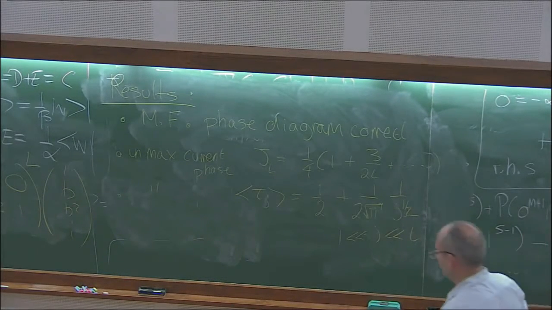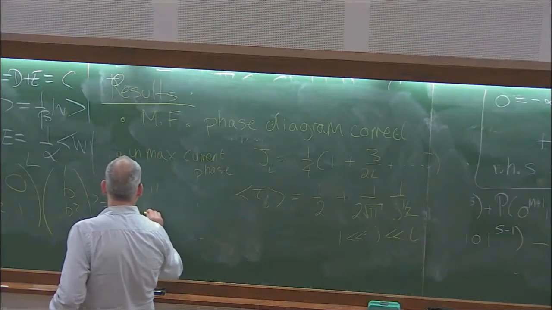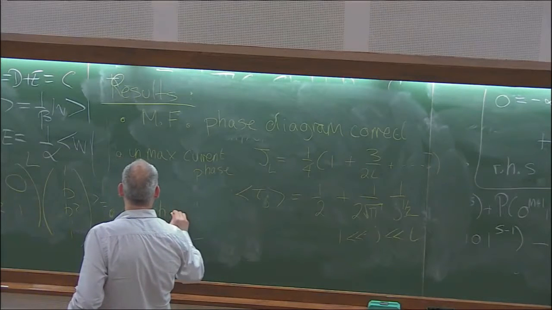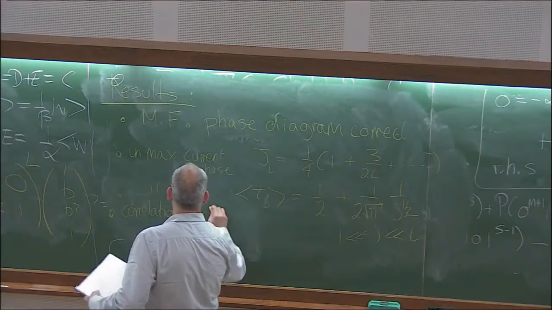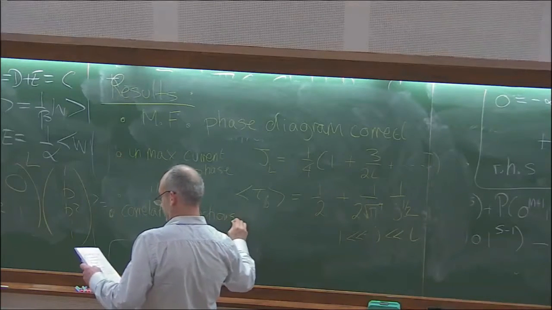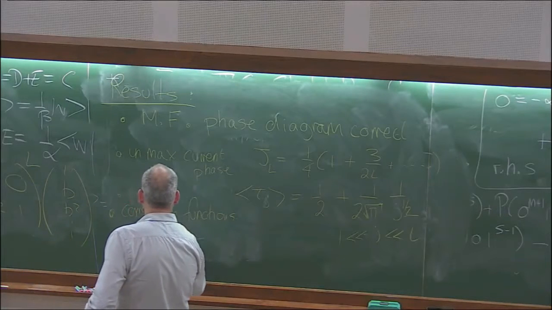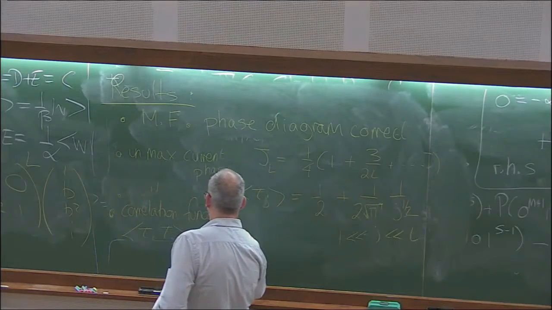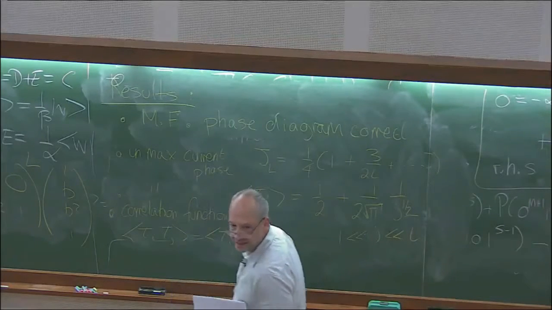We can also calculate correlation functions. So remember, the mean field theory essentially ignored correlation. And what one can show is that the correlation function, if I take something like tau_i tau_j minus, so this is called the connected correlation function.